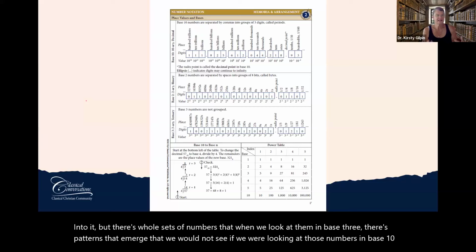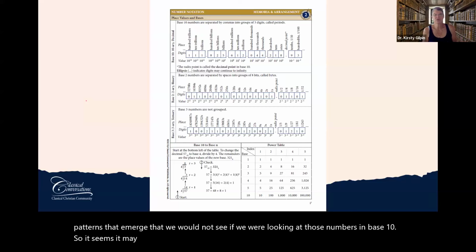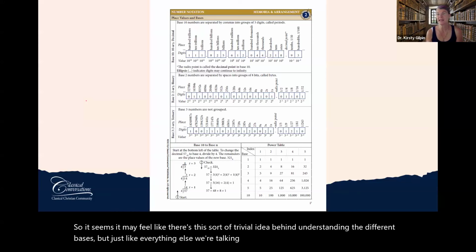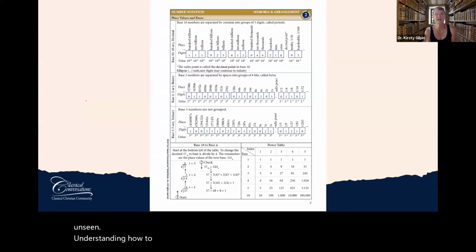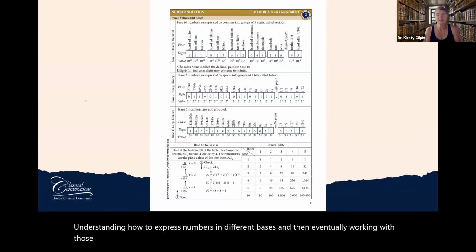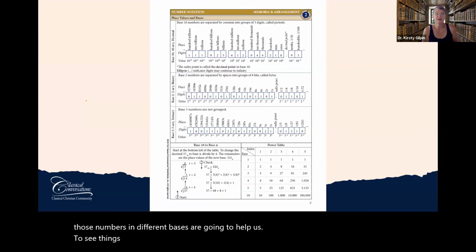So it may feel like a trivial idea, but just like everything else we're talking about, seeing the unseen, understanding how to express numbers in different bases and eventually working with them is going to help us see things that were hidden when we were looking at numbers in base 10.